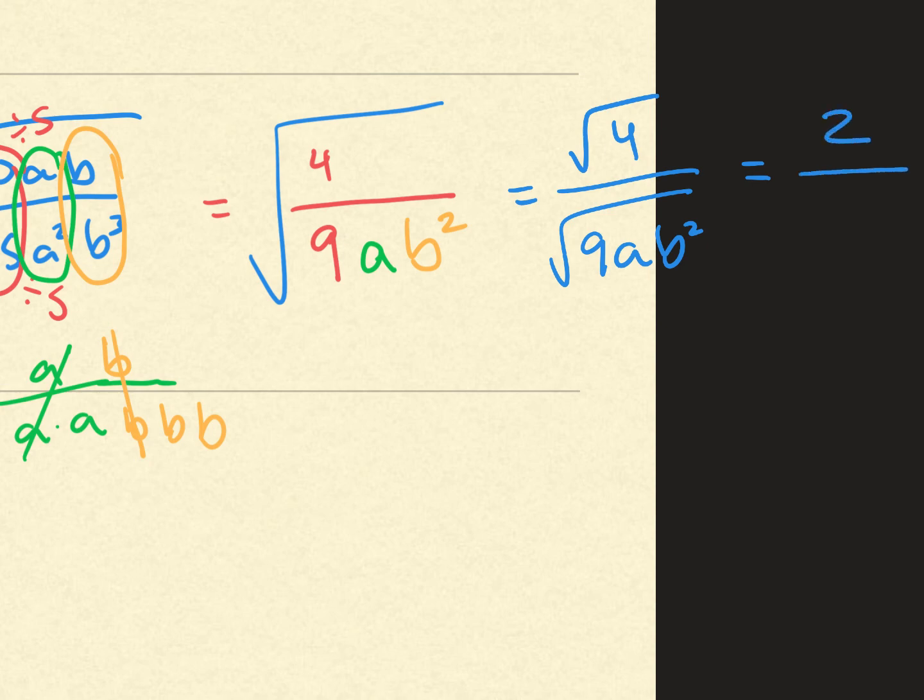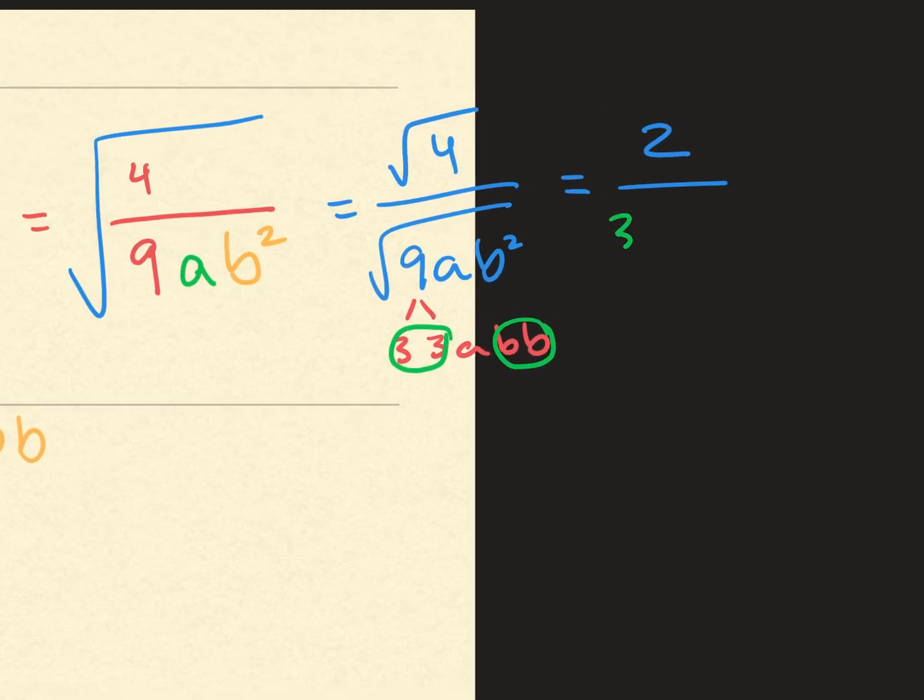And then let's break down the bottom. What are 2 factors of 9? 3 and 3. Then I have an A and 2 B's. I'm circling how many of a kind here? 2. So what do I circle? The 3's and the B's. So what comes to the outside? 3, B. What stays on the inside? A. So this would be our answer.